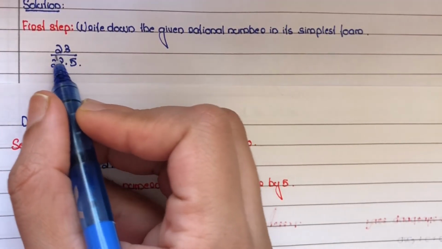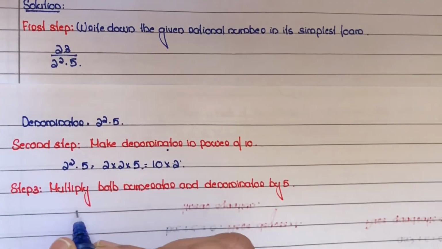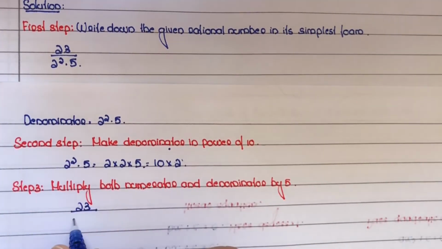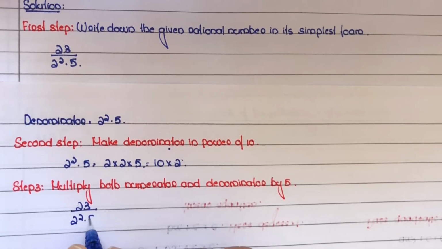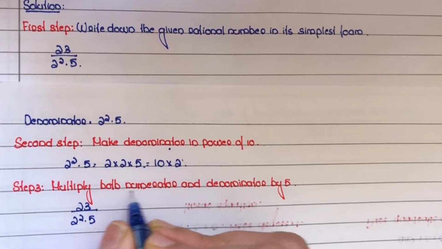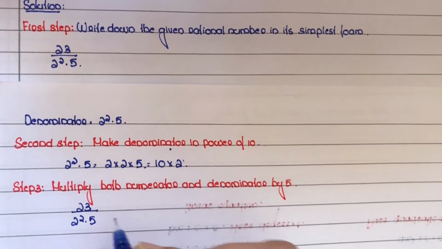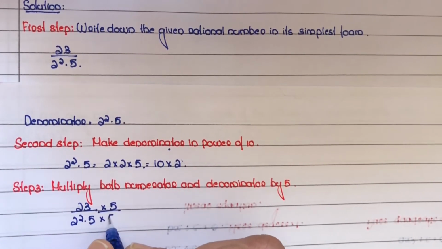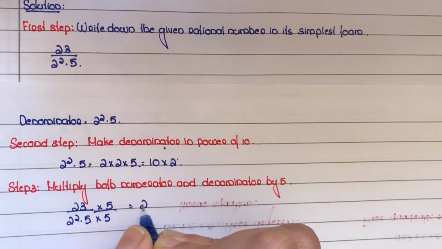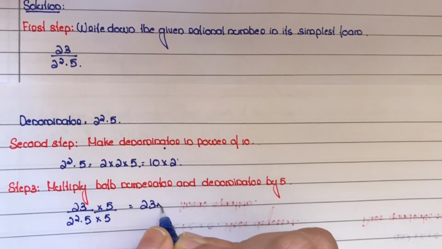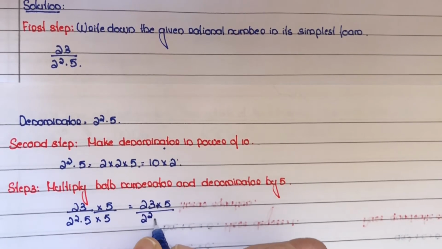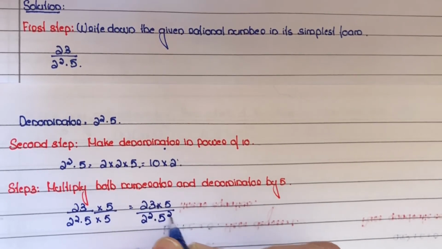Here our rational number is 23 by 2 raised to 2 into 5. Now multiply both numerator and denominator by 5, that is into 5 by into 5. That is equal to 23 into 5 by 2 raised to 2 into 5 raised to 2.